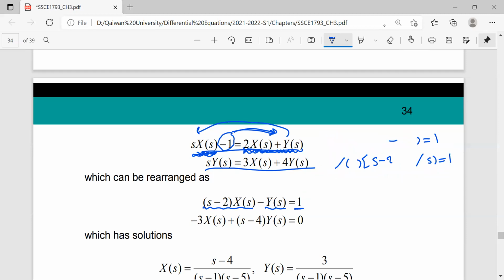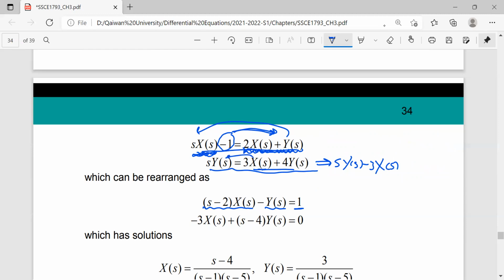So the first equation becomes this. Now for the second one, we do the same. Here you have no terms without x of s and y of s. We move these to the left hand side, and you get s y of s minus 3x of s. It's minus.